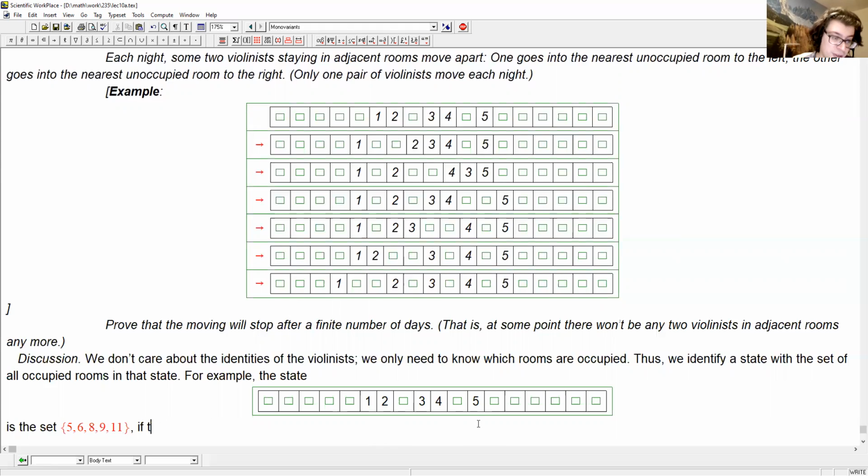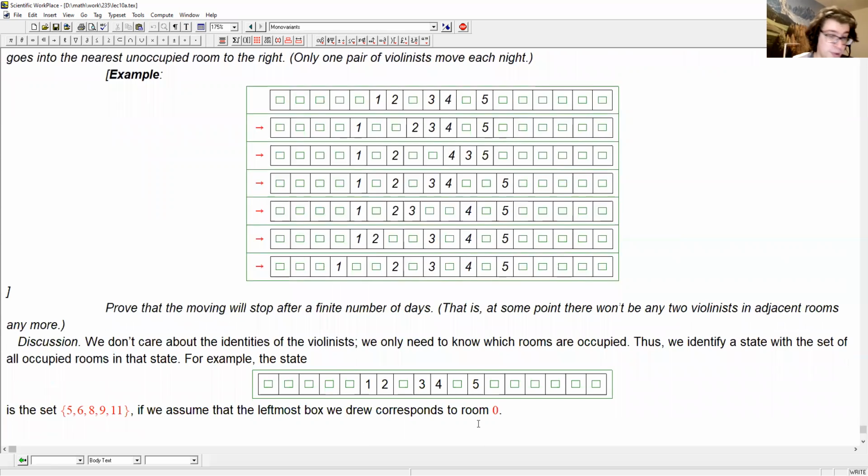So if we assume that the leftmost box we drew corresponds to room 0, any state is a finite subset of Z. A finite set of rooms.